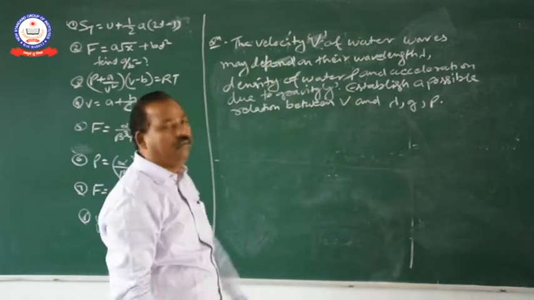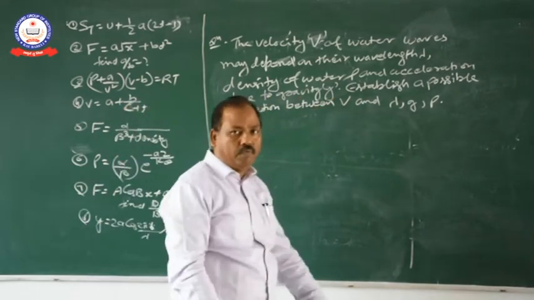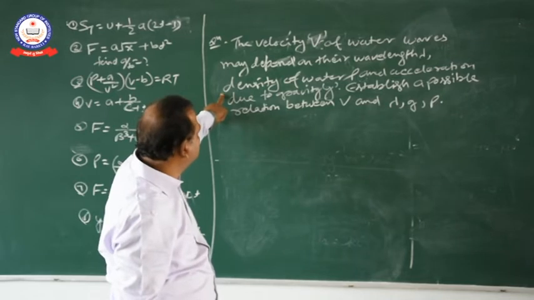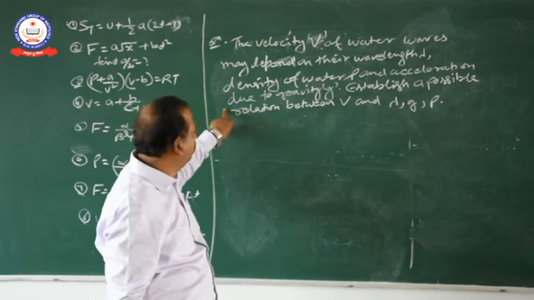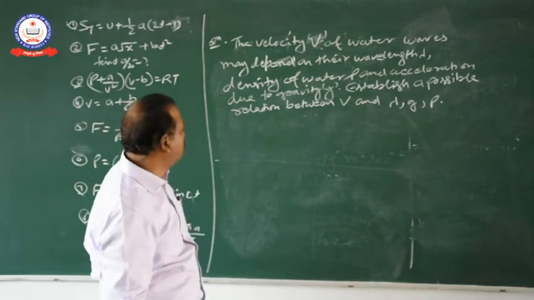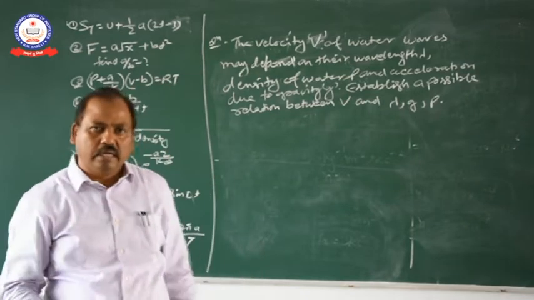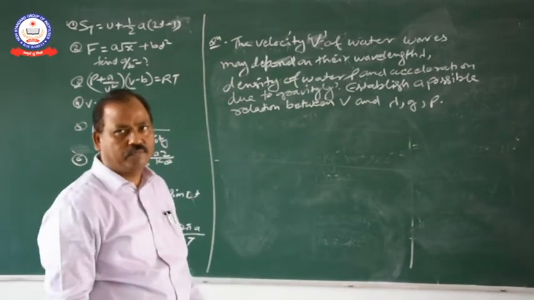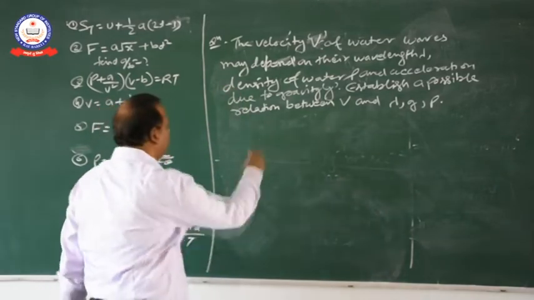The question is: the velocity v of water waves may depend on their wavelength lambda, density of water rho, and acceleration due to gravity small g. Establish a possible relation between v and lambda, g, rho. I hope all of you are capable of deriving this, but again we take this example.